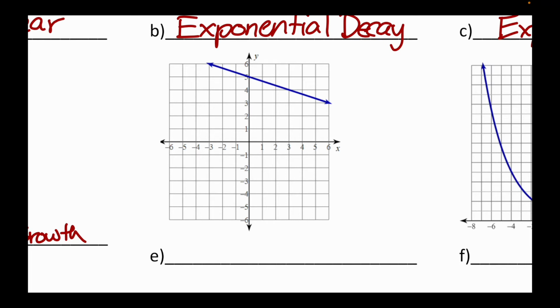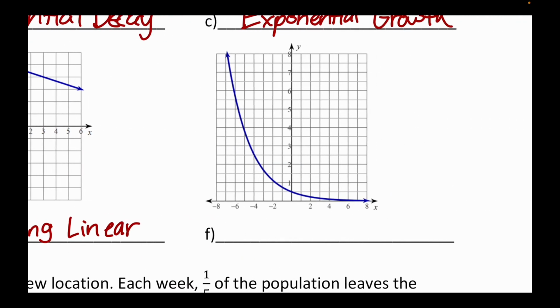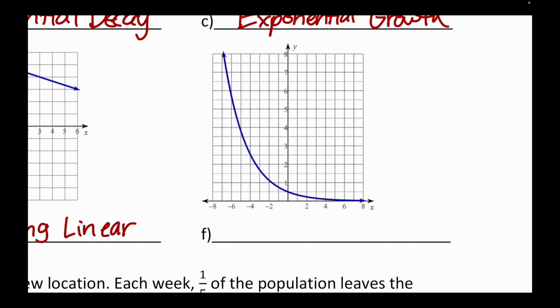It looks like it's going downhill, so this is decreasing linear. And the very last one here is exponential again, and it still is going down from left to right, so instead of saying decreasing, it's exponential decay.